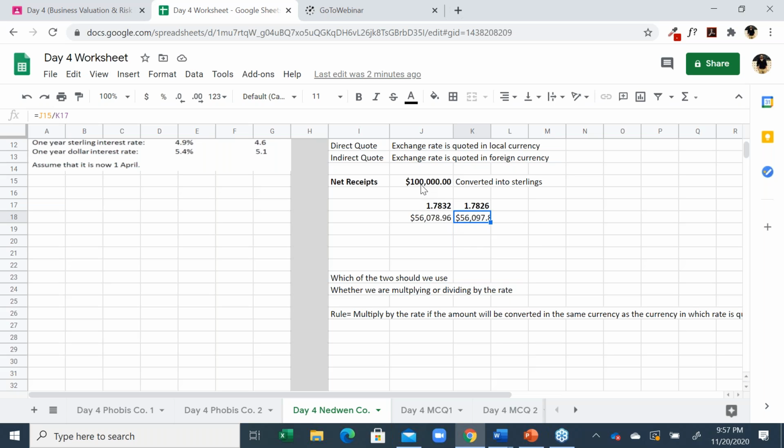If they are buying $100,000, they will just pay you lower value. And if they are selling this to you, they will be asking for a higher amount from you.